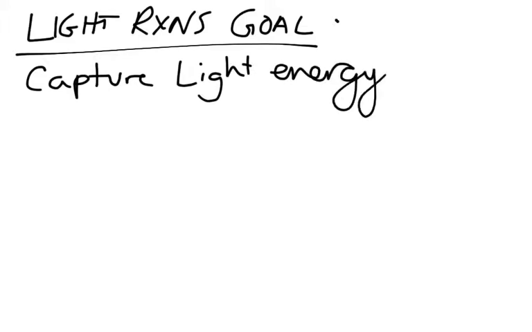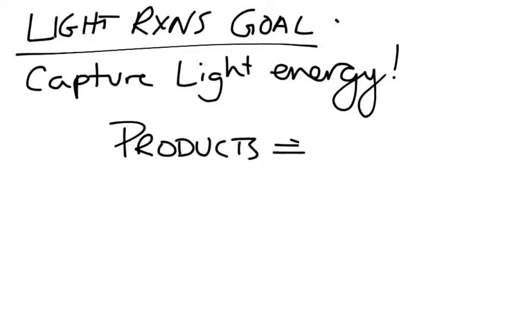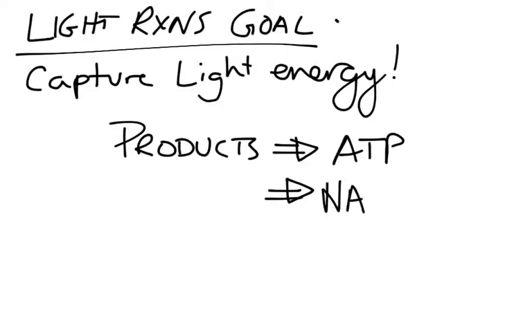And by capturing the light energy, your products, the things you make in the light reactions, are ATP, NADPH, and oxygen. So the light reactions, you're going to make NADPH, ATP, and oxygen.